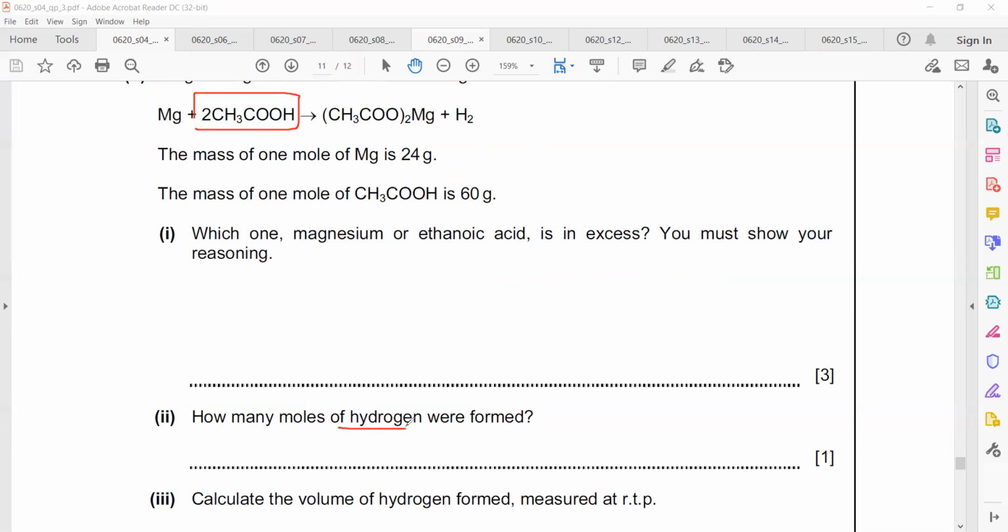We need the moles of hydrogen, but in the question nothing is given related to hydrogen. So if nothing is given related to hydrogen, you have to use the ratio. But you need the moles and you don't have any moles, you have the mass of ethanoic acid. So first you will take a mass ratio. If mass is given, take the mass ratio. If moles are given, take the moles ratio and then convert. Because the mass is given, that's why I'm taking the mass ratio.